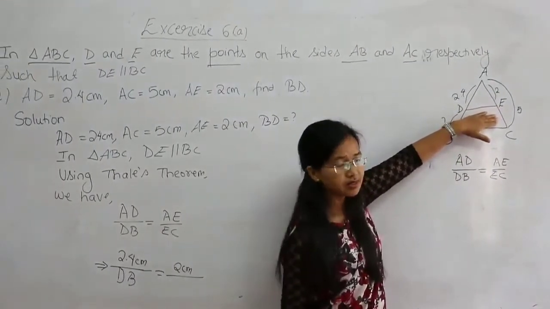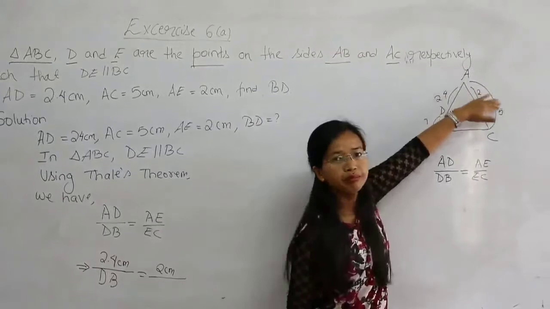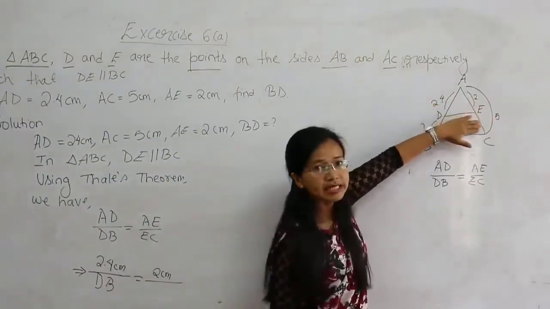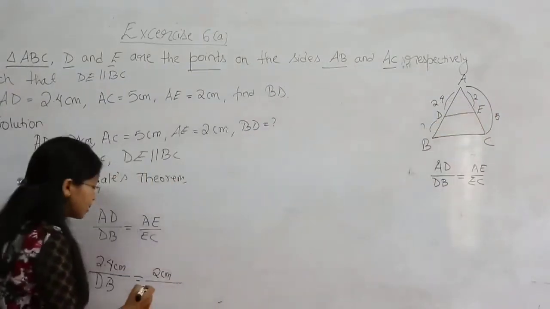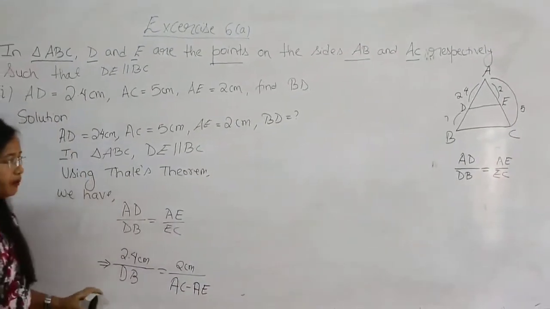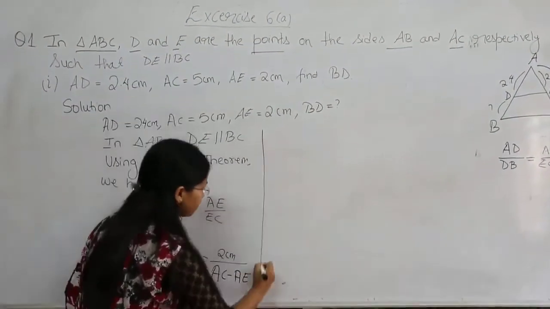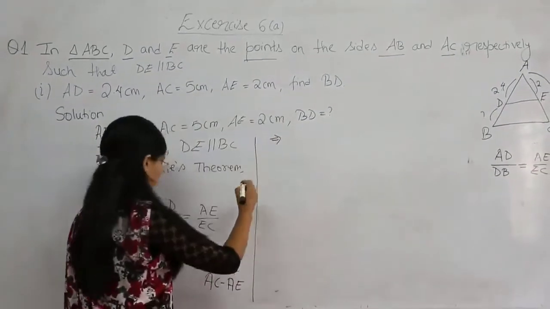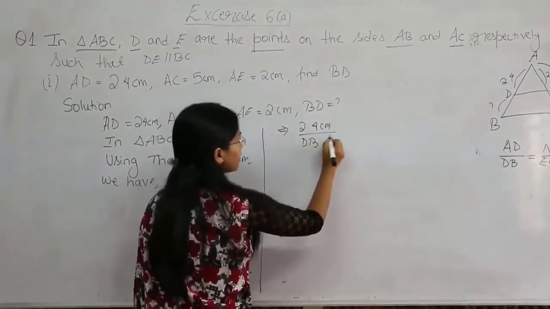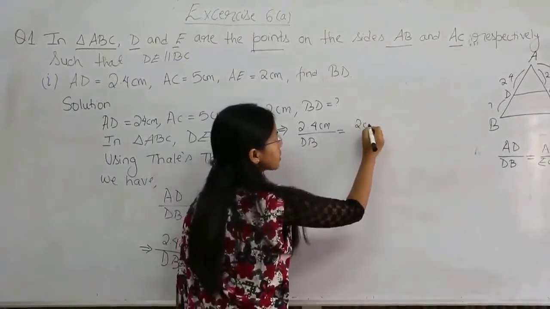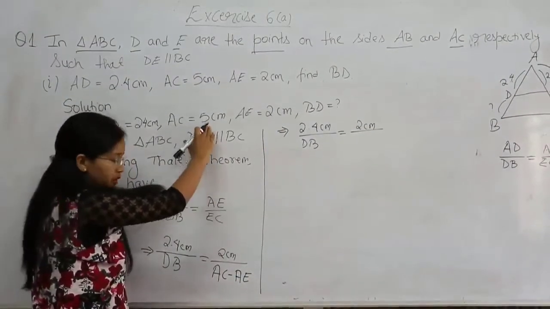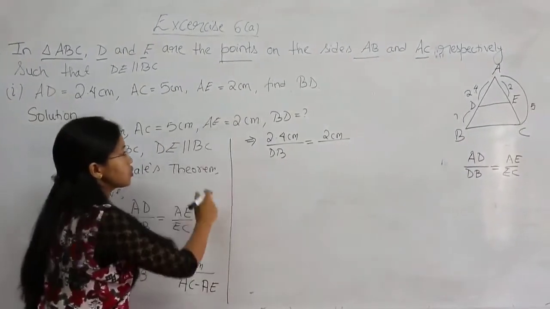How are we going to get EC? We will subtract AE from AC, right? When we subtract AE from AC, we will get EC. So in place of EC, we can write AC minus AE. So this will change to 2.4 centimeter by DB is equal to 2 centimeter by AC, which is given to us as 5 centimeter, minus AE, which is given as 2 centimeter.